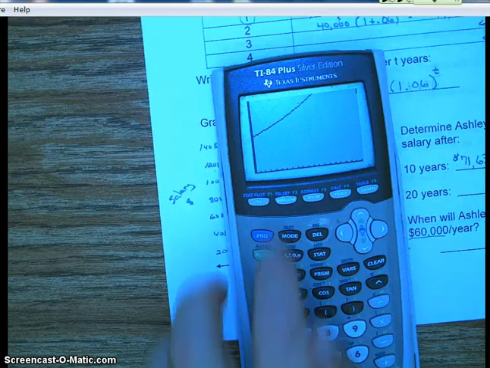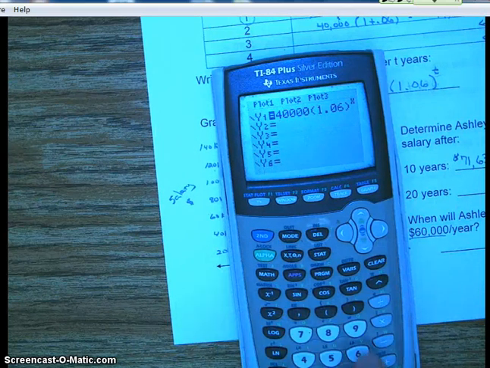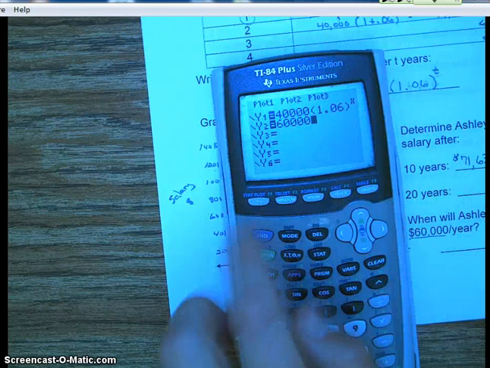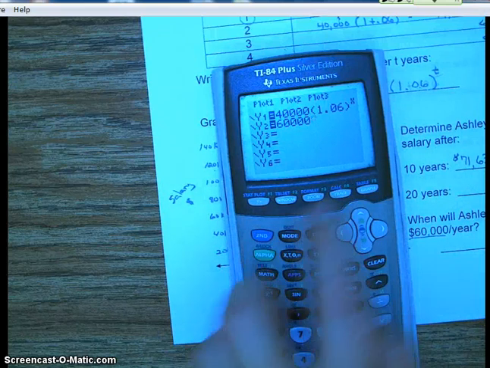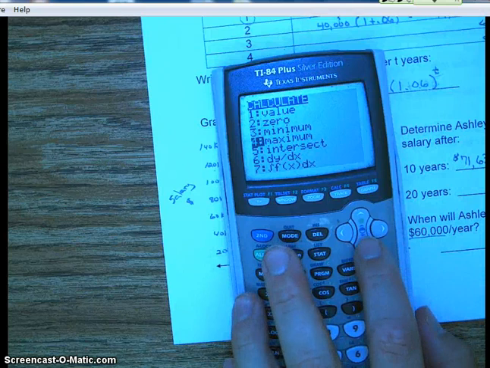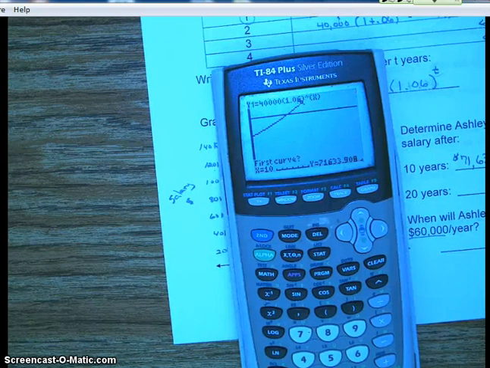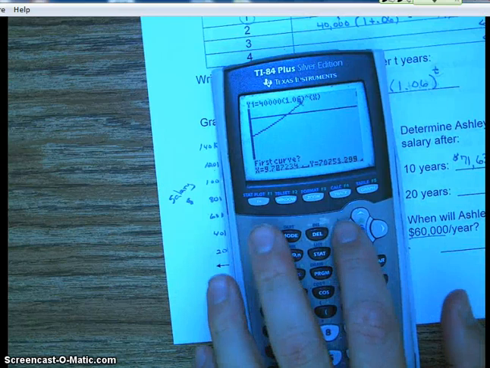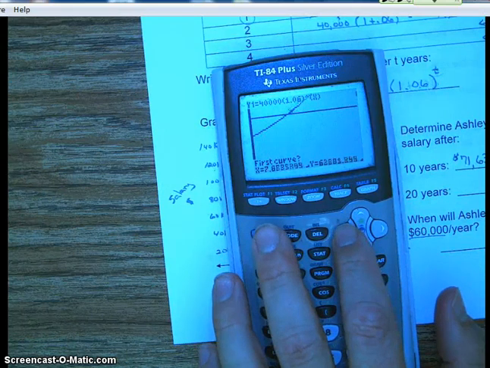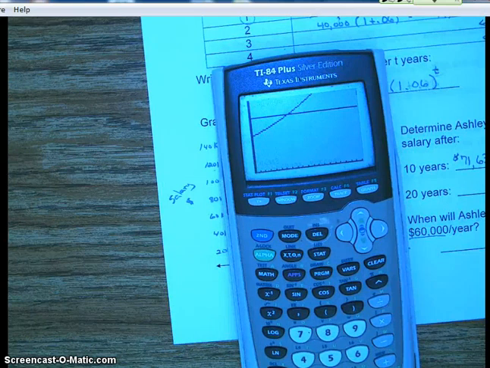All right, we want $60,000, so go to Y equals, and then you would plug in your 60,000. Okay, and we want to see where they intersect. So second, trace. We're looking for their intersection. We put our cursor near the intersection point, and we press enter 3 times. 1, 2, 3.